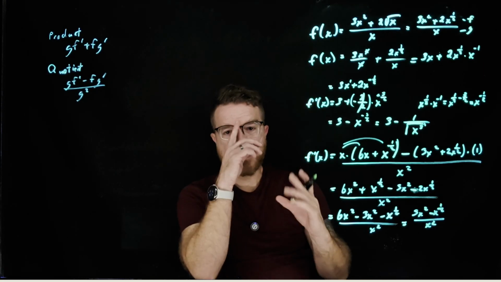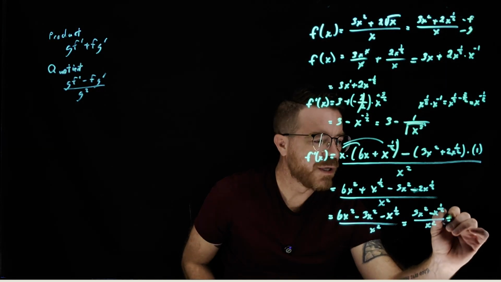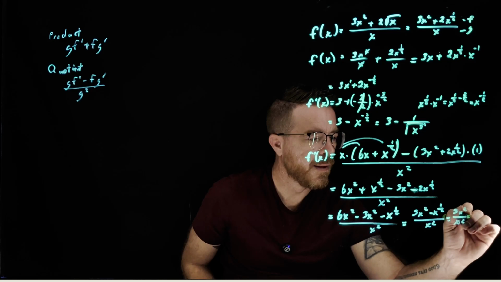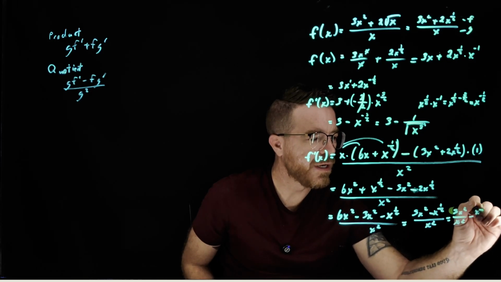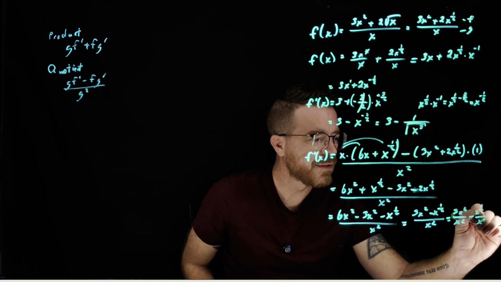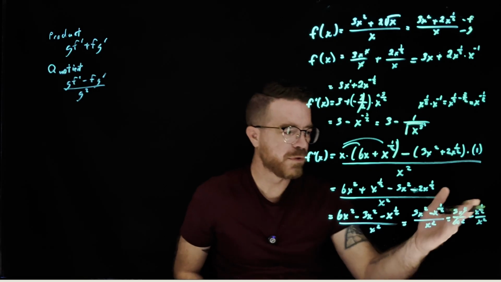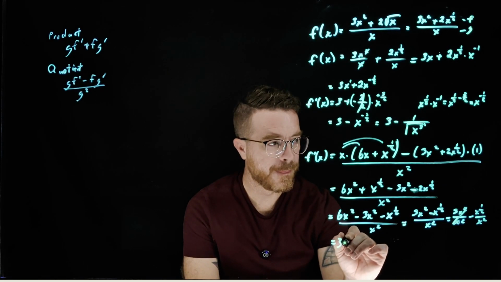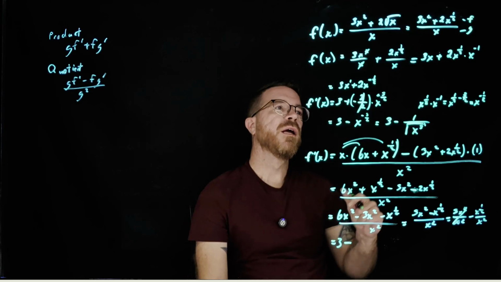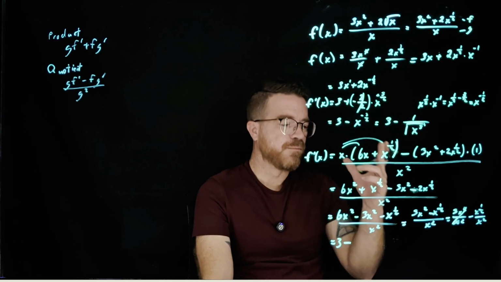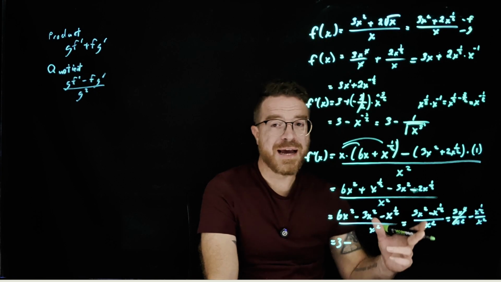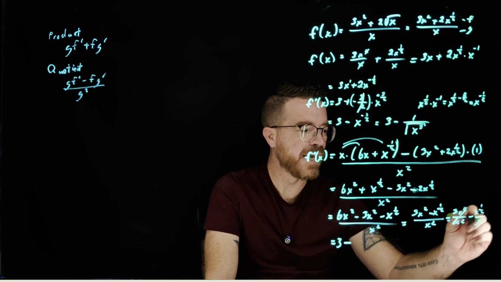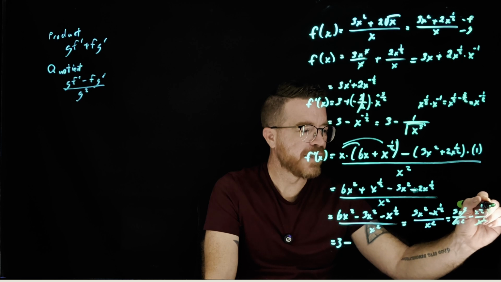Now, if I were to split this like I did before, this is going to be 3x squared divided by x squared minus x to the 1/2 divided by x squared. So for this one, 3x squared divided by x squared, this is just going to be equal to 3. And then we have x to the 1/2 divided by x squared. So again, I'm going to treat this as x to the -2 power.